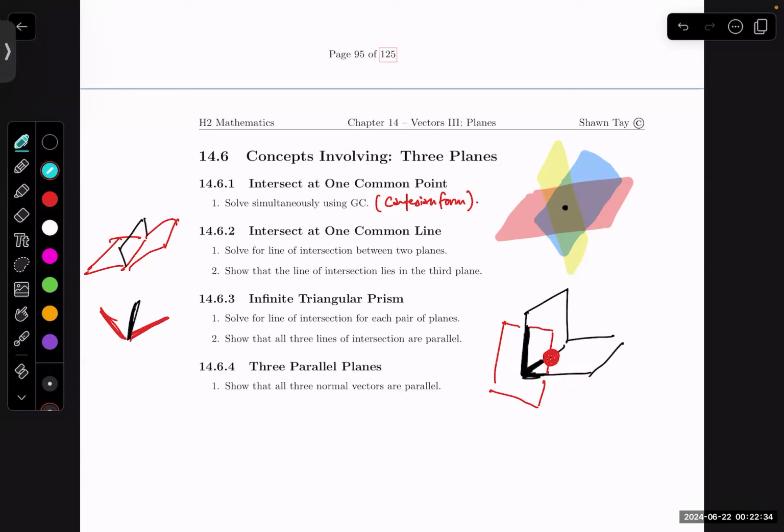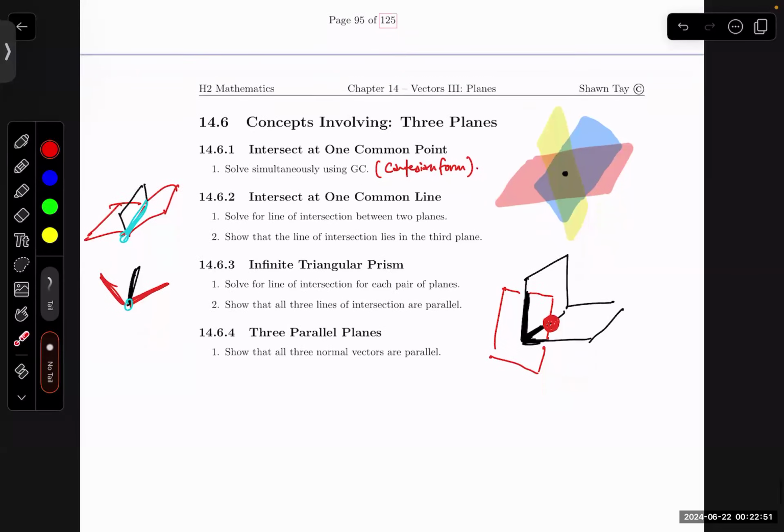Then you have a line here, which is the spine of the book. For this one, you solve for the intersection between two planes, which is a line. Then you show that the line lies in the third plane. I won't do any example for this because I don't think it should be tested.